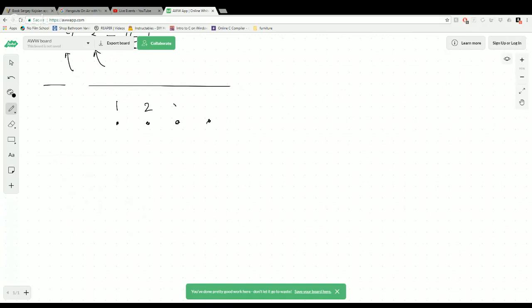So 1, 2, 3, 4, and they go all the way to 10. We'll put 10 here, and we have a second row of dots that starts from the 11th dot, 12th, 13th, 14th, and goes to 20. So we have 20 dots in 2 rows.